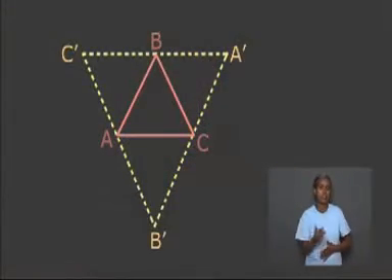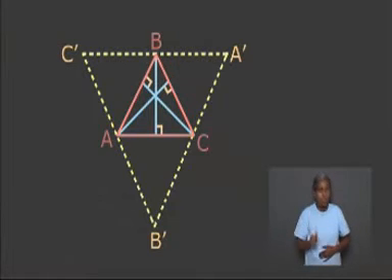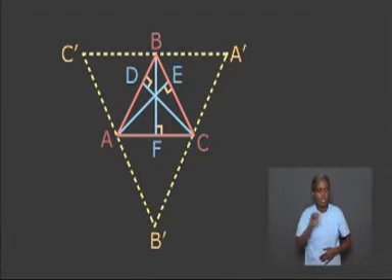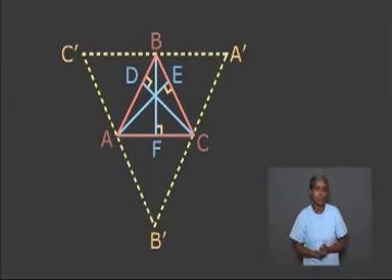Now, we will examine this diagram. We have drawn the altitudes of the inner triangle and labeled them as D, E, and F. You may notice they are exactly the same as the perpendicular bisectors of the outer triangle.